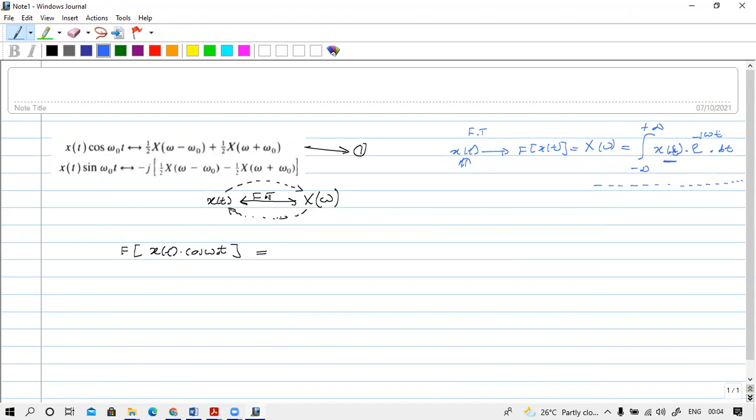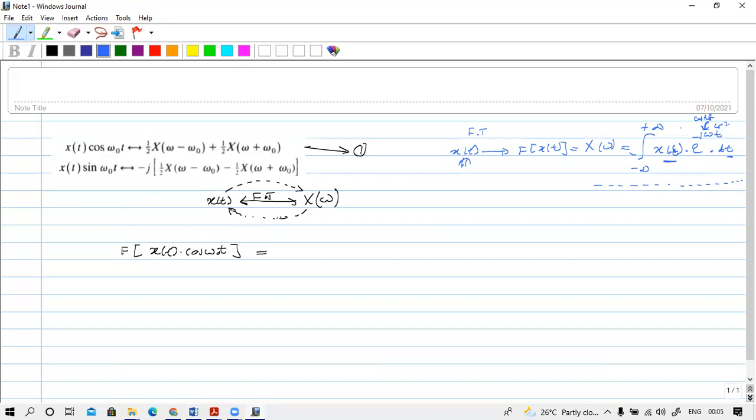You can see that here t is a variable and omega is also a variable, but we do this integration with respect to t, so we can consider omega as a constant, and t is the independent variable.